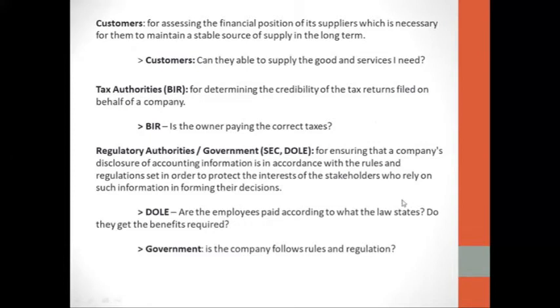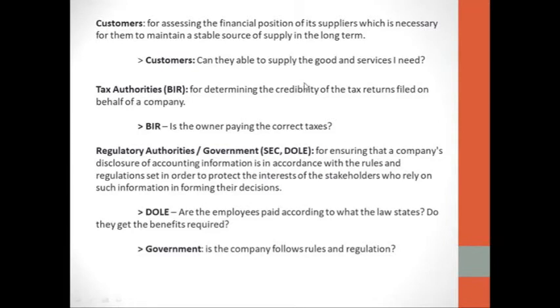And then we have the customers. So this is the counterpart of suppliers. So kung si suppliers, sila ang nag-provide ng goods and services sa atin. Sa customers naman, tayo ang nagsusupply ng goods and services sa kanila. So for assessing the financial position of its suppliers, which is necessary for them to maintain a stable source of supply in the long term.